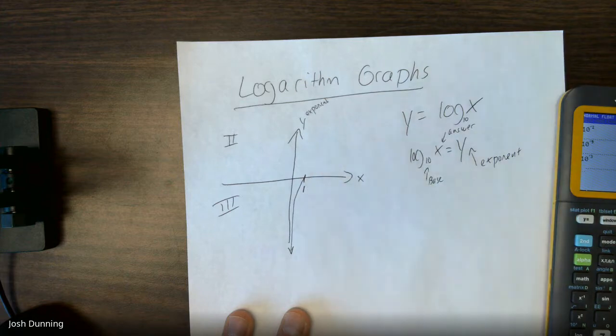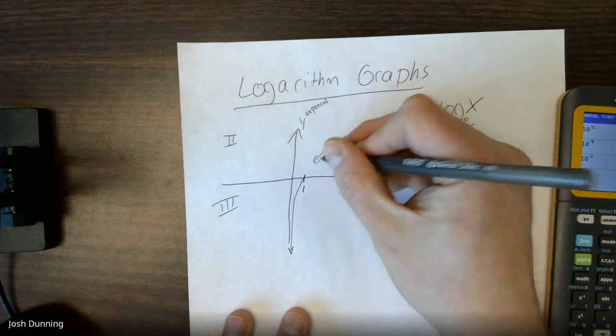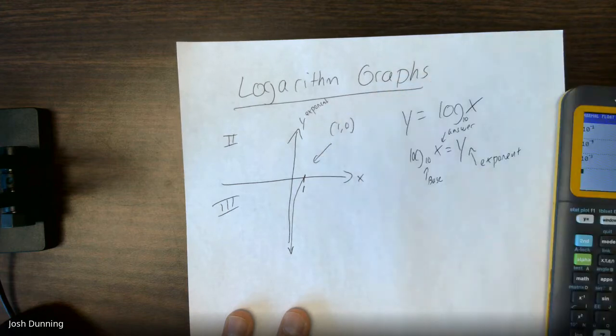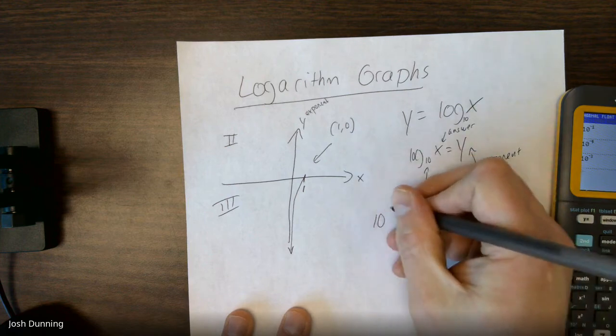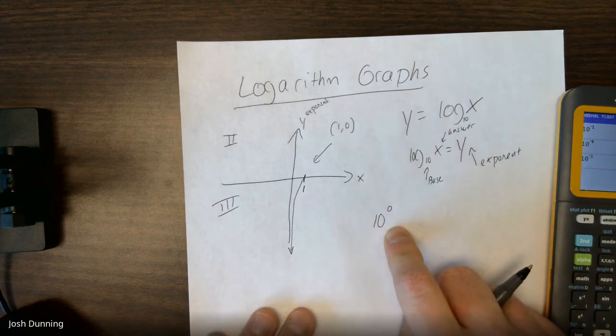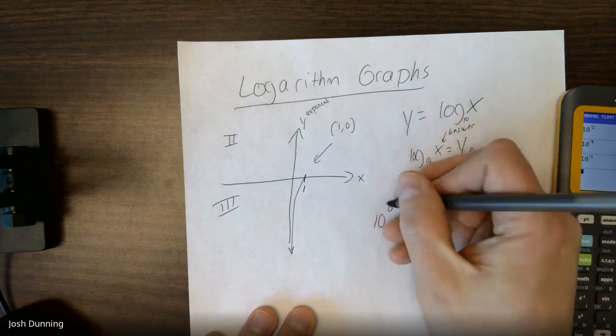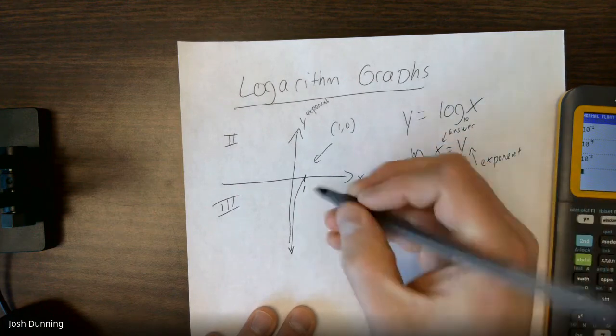Now, I had this cross here at 1, 0. Think about it. What is anything to the 0 power, other than 0 to the 0 power? That's complicated. We don't want to get into that. Anything to the 0 power is 1. So remember, y is the exponent.